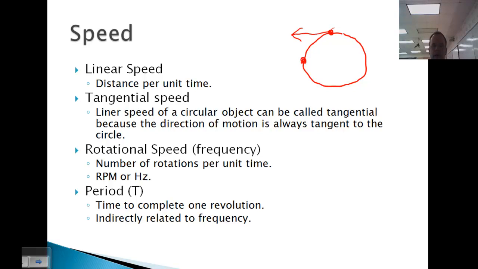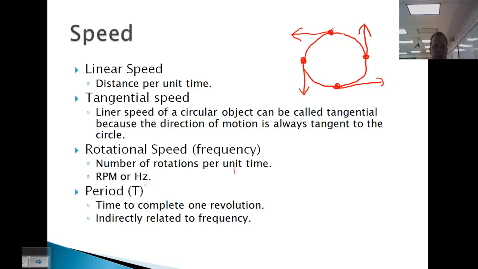If you move to a different point in the circle, that tangent goes in a different direction. And this is how we remember that going around a circle, we're constantly changing direction. The tangential speed is how fast you'd be going in a straight line at that point. The rotational speed is how many rotations there are per second. That's known as a frequency, and usually done in rotations per minute, RPM, or hertz.